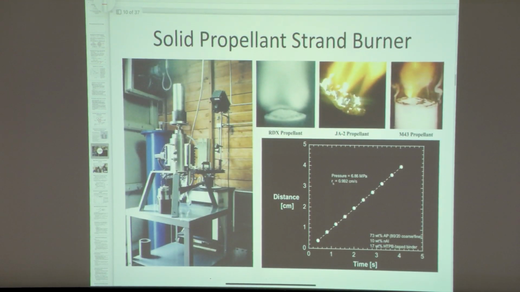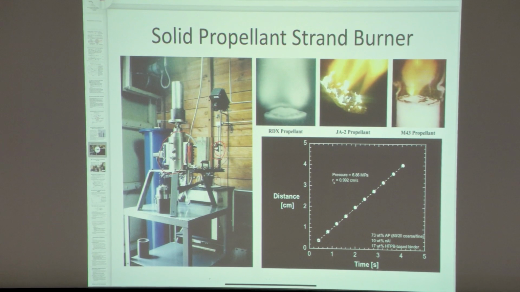So here's an example of one of the strand burners we have. You can see it's just a metal chamber. There's windows over here. A camera sits out here to the right. In this case, the camera is actually being reflected from a mirror in case the window broke. What we would do is, if we took a film of this, we would create an XT diagram from the film.